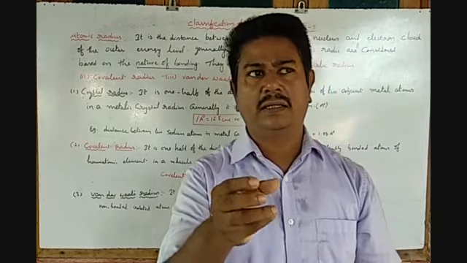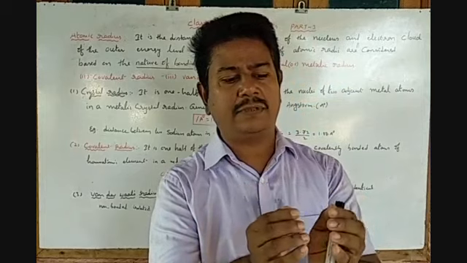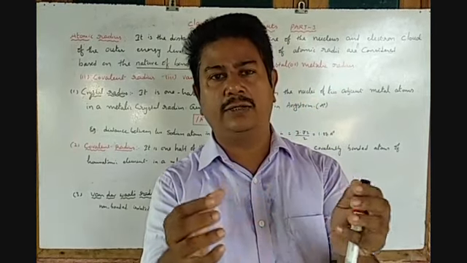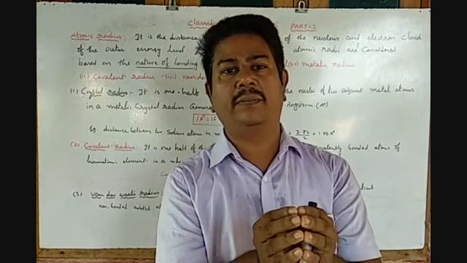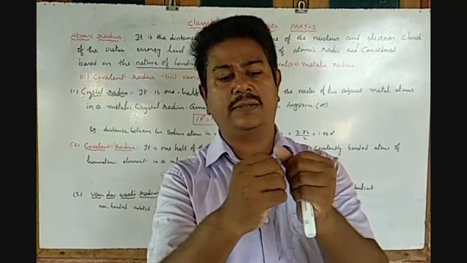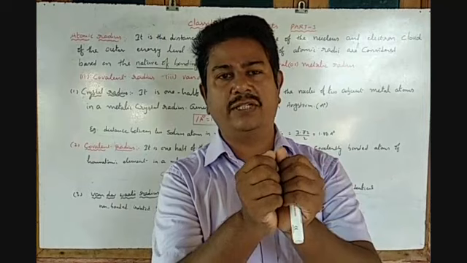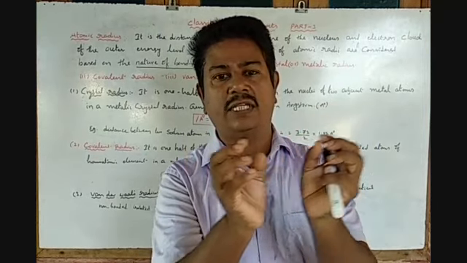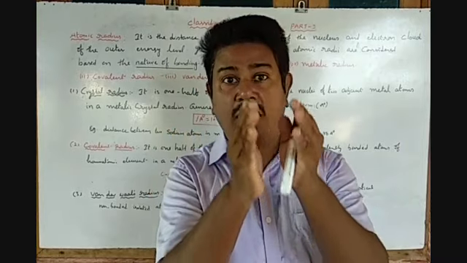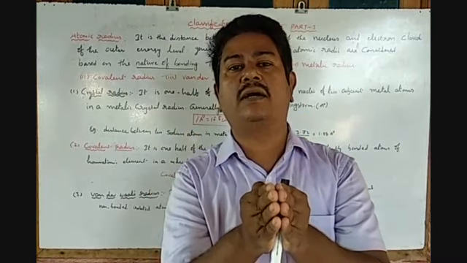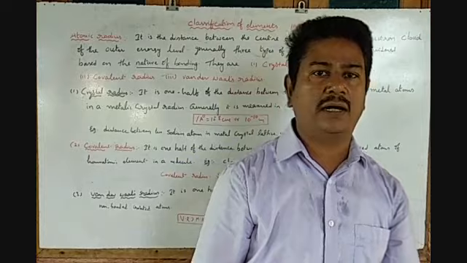In a crystal, all the atoms are held together by a great electrostatic force, the metallic forces. Due to that, the adjacent atoms are tightly packed. When we measure the distance between any two adjacent atoms, that is the distance between the two nuclei. One half of that nuclear distance is called the crystal radius or metallic radius.